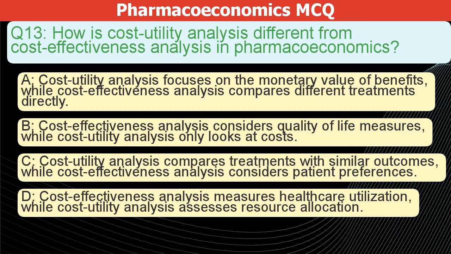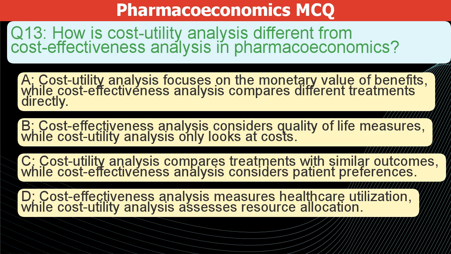How is cost-utility analysis different from cost-effectiveness analysis in pharmacoeconomics? A. Cost-utility analysis focuses on the monetary value of benefits, while cost-effectiveness analysis compares different treatments directly. B. Cost-effectiveness analysis considers quality of life measures, while cost-utility analysis only looks at costs.